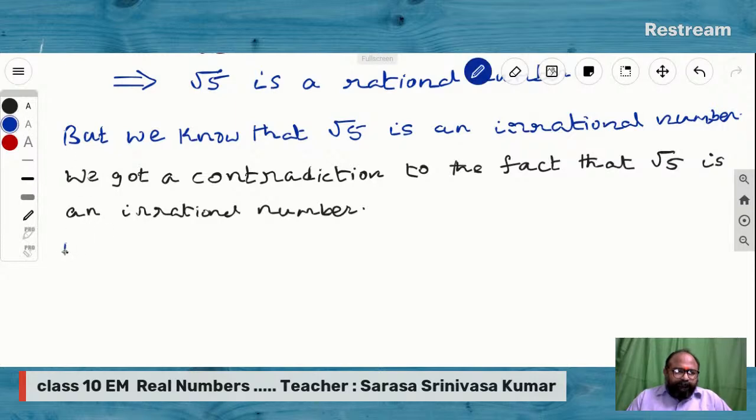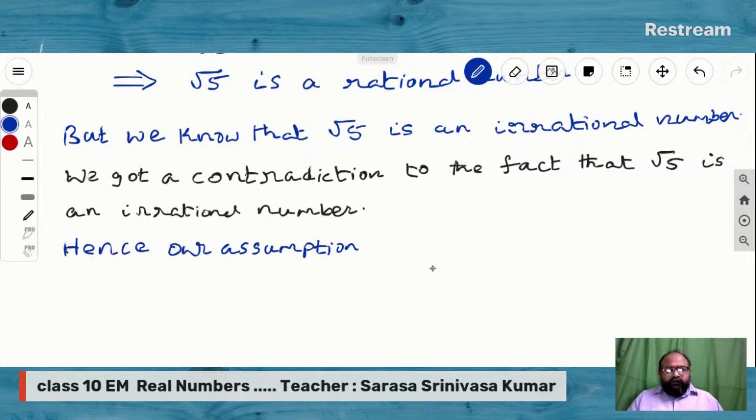Hence, our assumption. What is our assumption? We assumed that 3 plus 2 square root of 5 is a rational number. So this assumption is wrong.